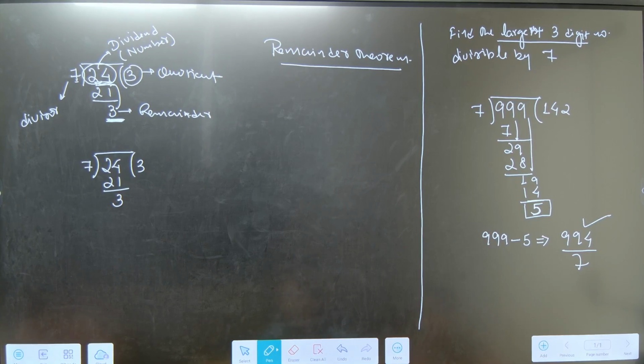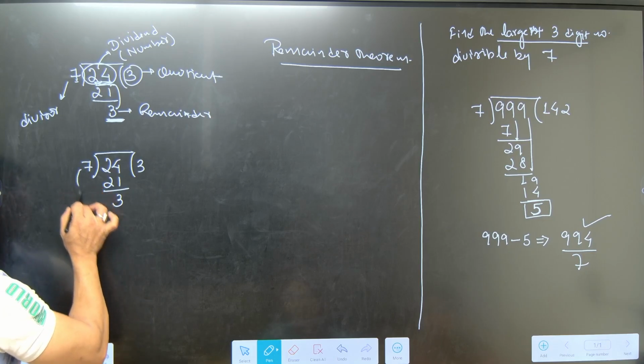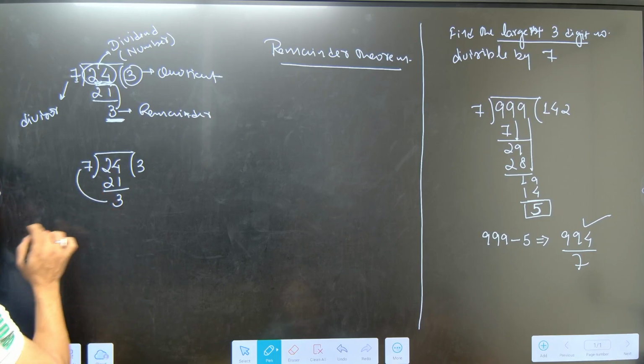If I ask you, tell me the next number, a number greater than 24, which is completely divisible by 7. What is that number? 28. That means how much are we supposed to add? 4. And what is the difference of these two? 4.